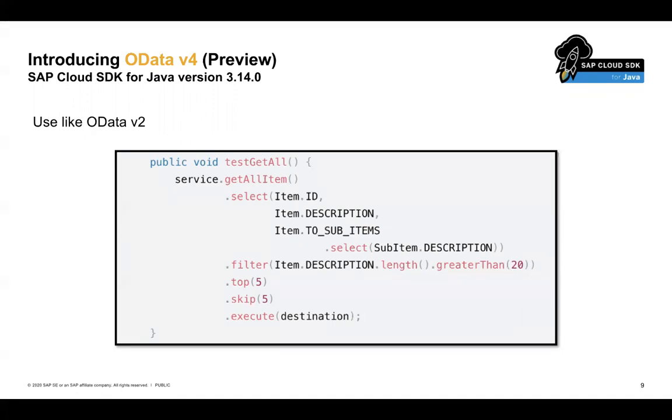And this is also an example of the first thing that you can use with our preview version. So here we see that we can do advanced filtering functions depending on the property type. This is only one of the few things that we added, and we hope that we'll get a final OData v4 support soon.